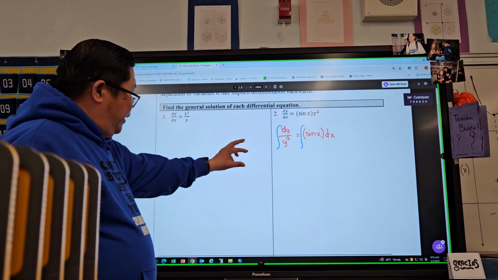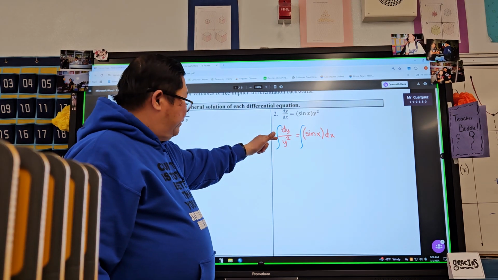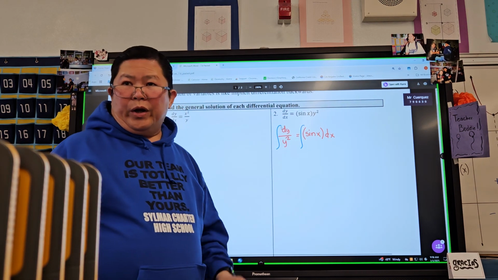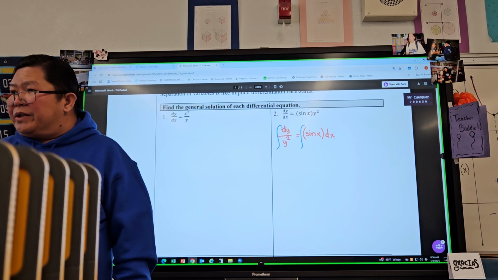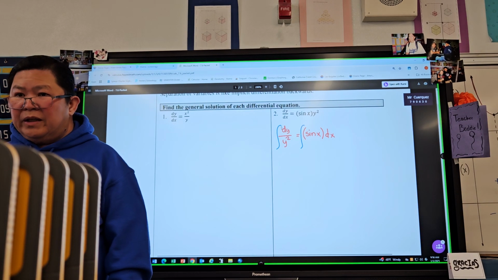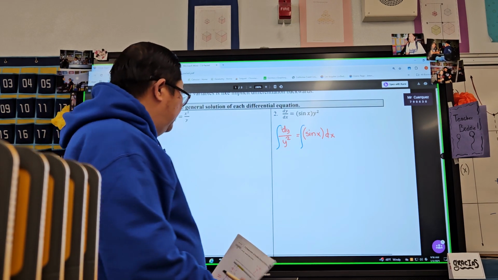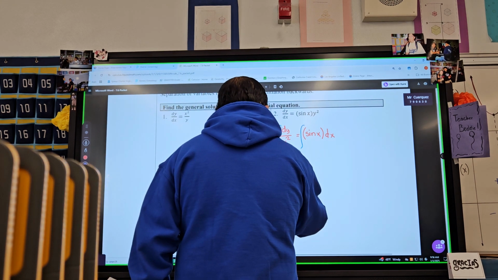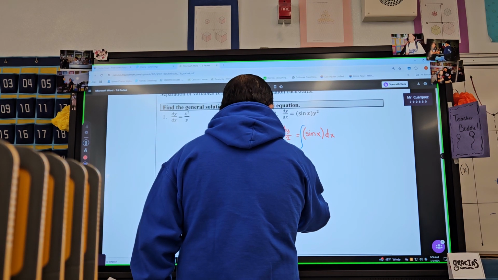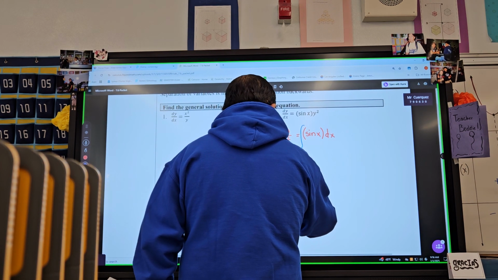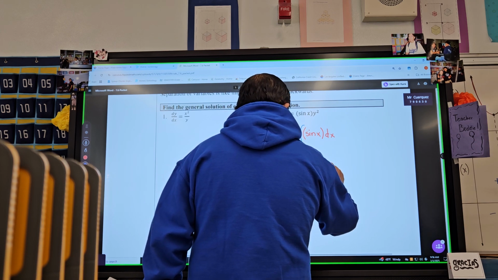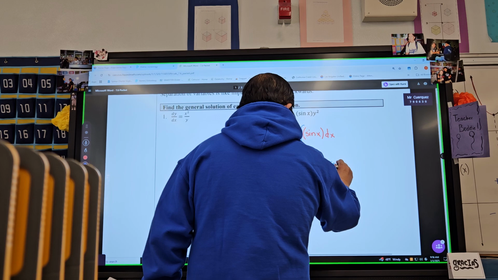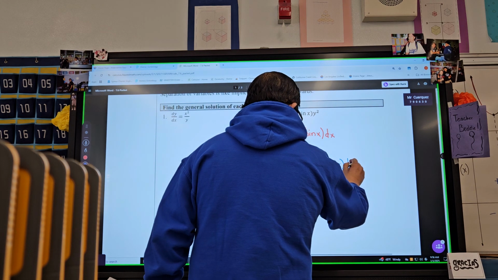So in order for us to take the antiderivative of dy over y squared, we're gonna bring up the y squared. So what happens if we bring it up? That turns to negative. So we shall say the integral of y to the power of negative 2 dy is equal to the integral of sine x dx.